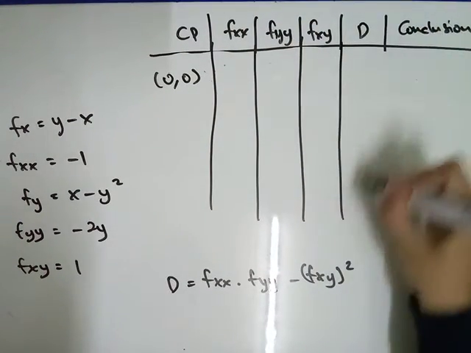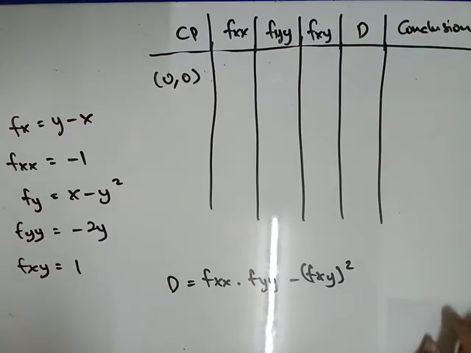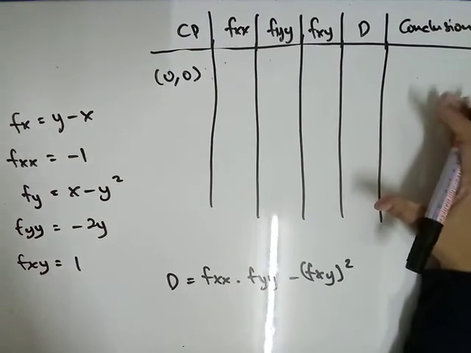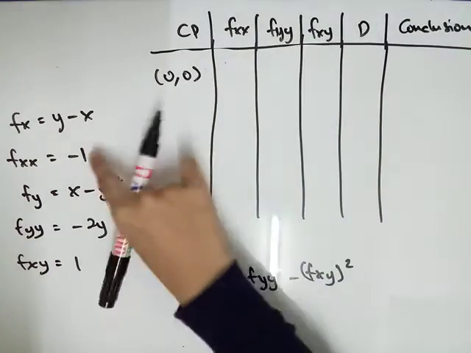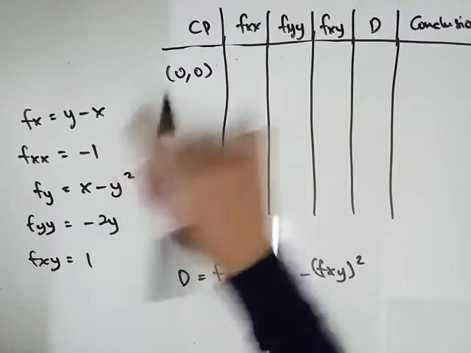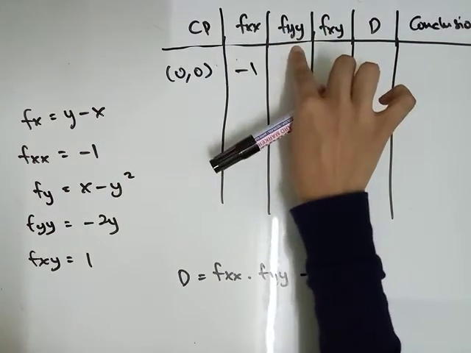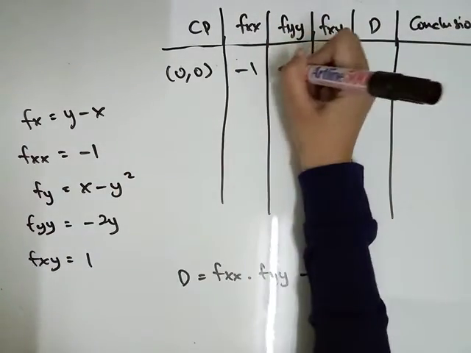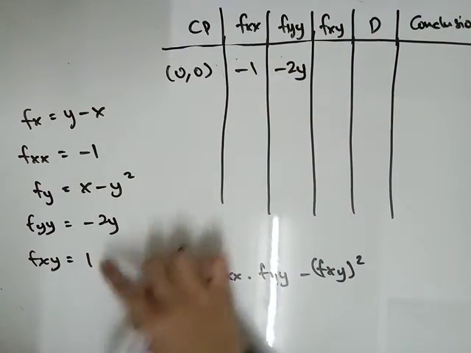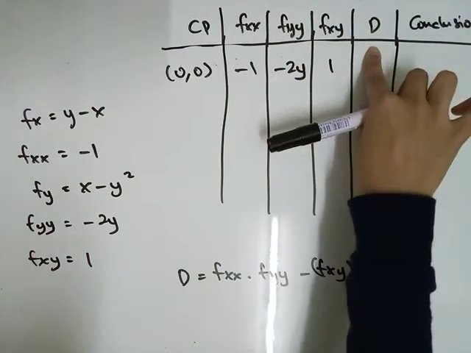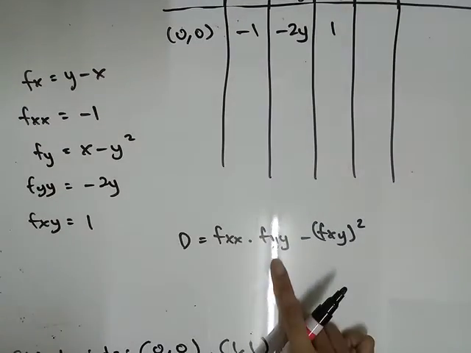You need to make a table so that you can see the concept and the steps here. So fxx is -1, fyy is -2y, fxy is 1.